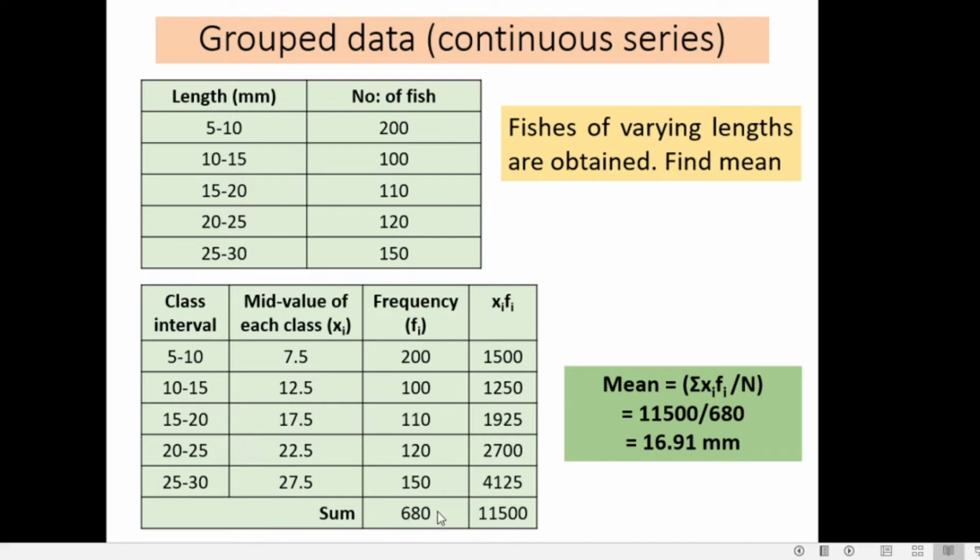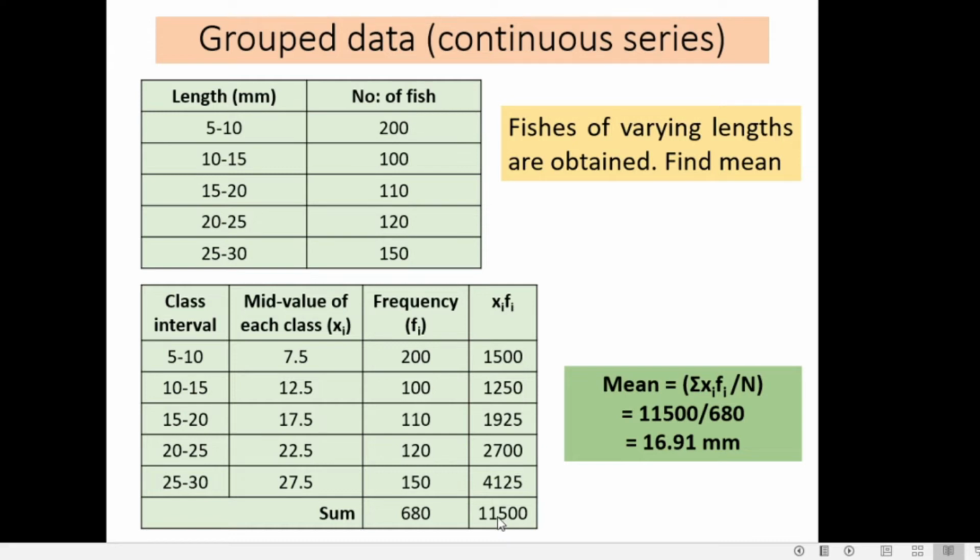This represents the total frequency. That means the total number of fish under study. So 680 fishes were under study, having lengths which fall under various class intervals as represented here. So the total number of observations is 680.